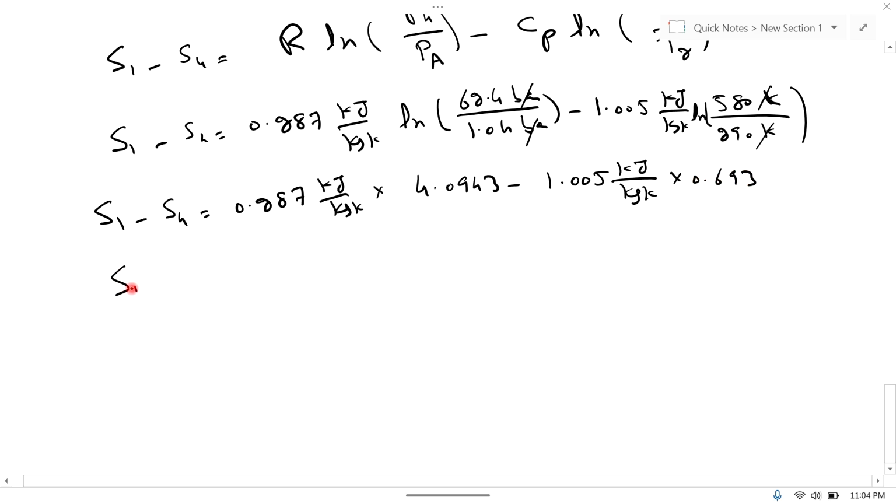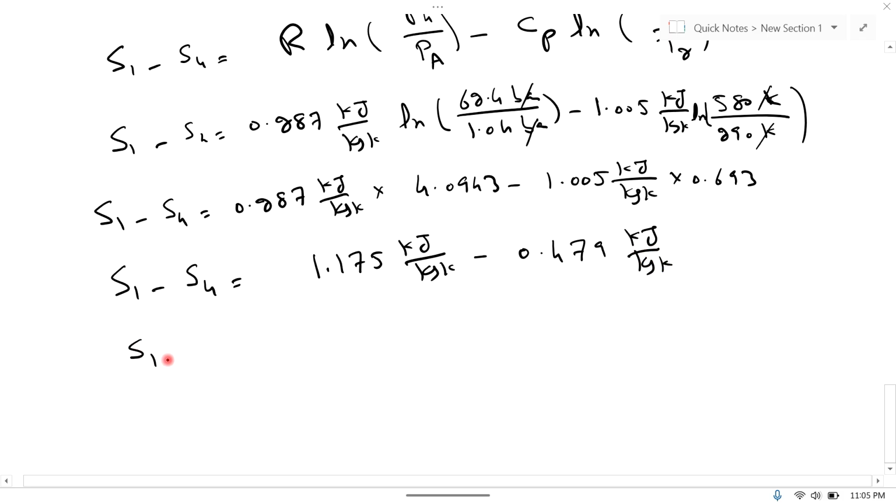Now S1 minus S4 is equal to 0.287 multiplied by 4.093, which is equal to 1.175 kilojoule per kilogram per Kelvin. 1.005 multiplied by 0.693 is equal to 0.479 kilojoule per kilogram per Kelvin.